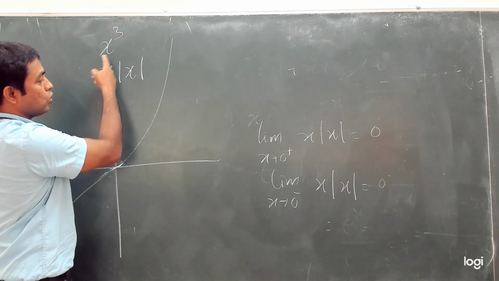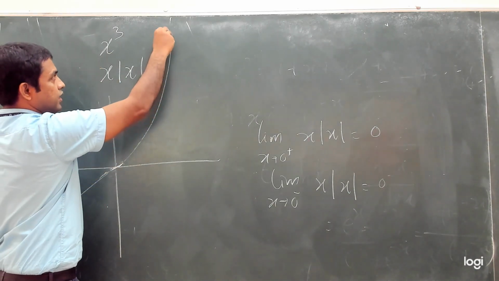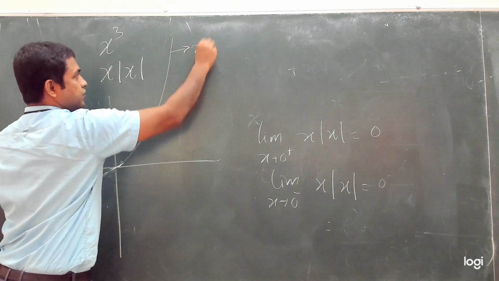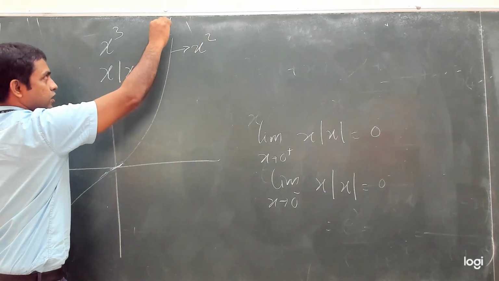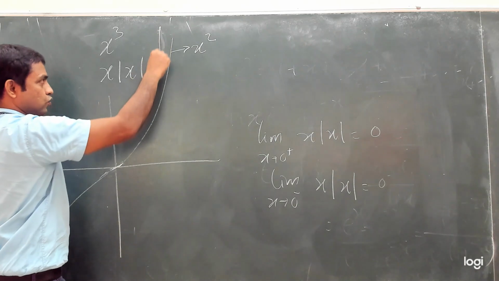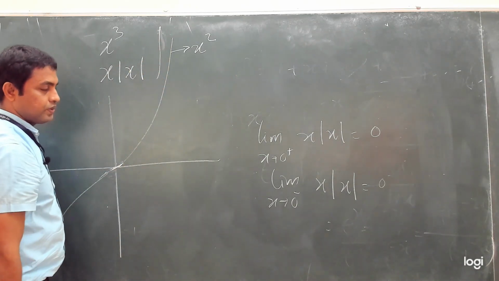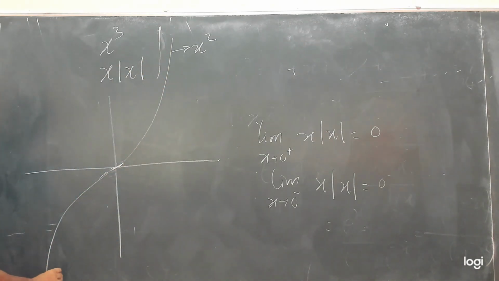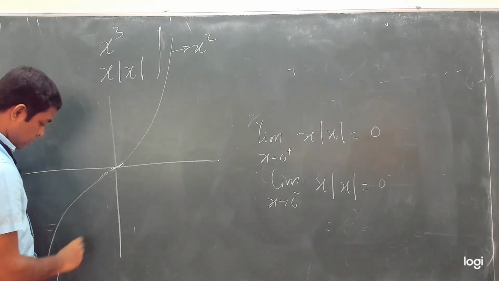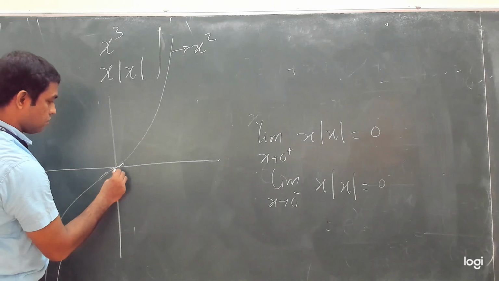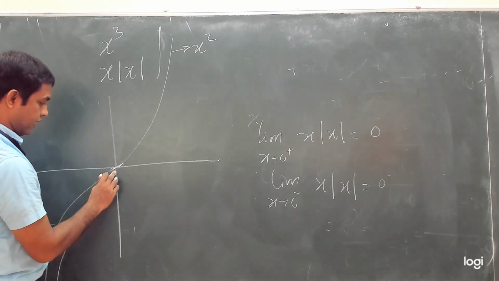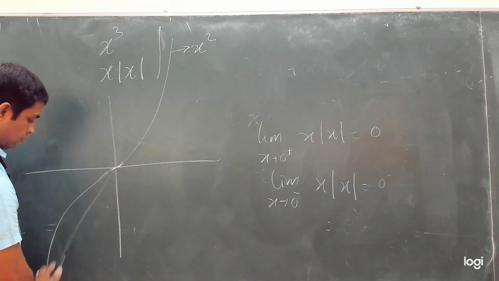So obviously this is the x square graph, and this one, obviously, x cube goes to infinity much faster. So, here also it goes to minus infinity much faster. But somewhere it has to cross, right? At x equal to 1. Yes, sir.